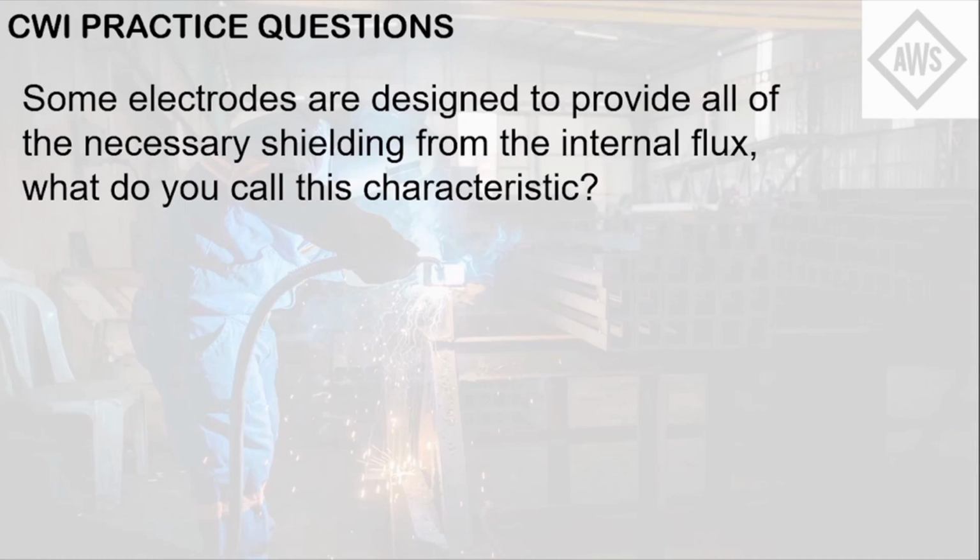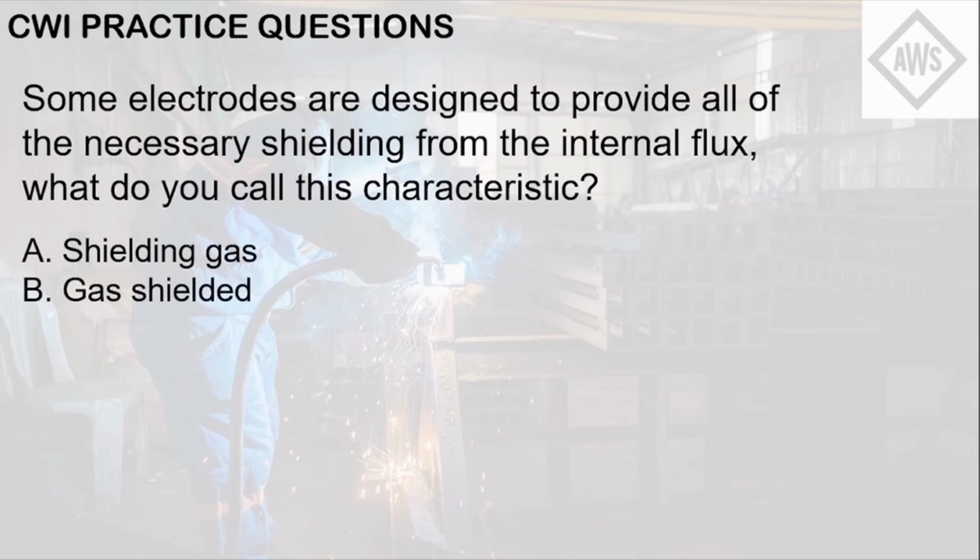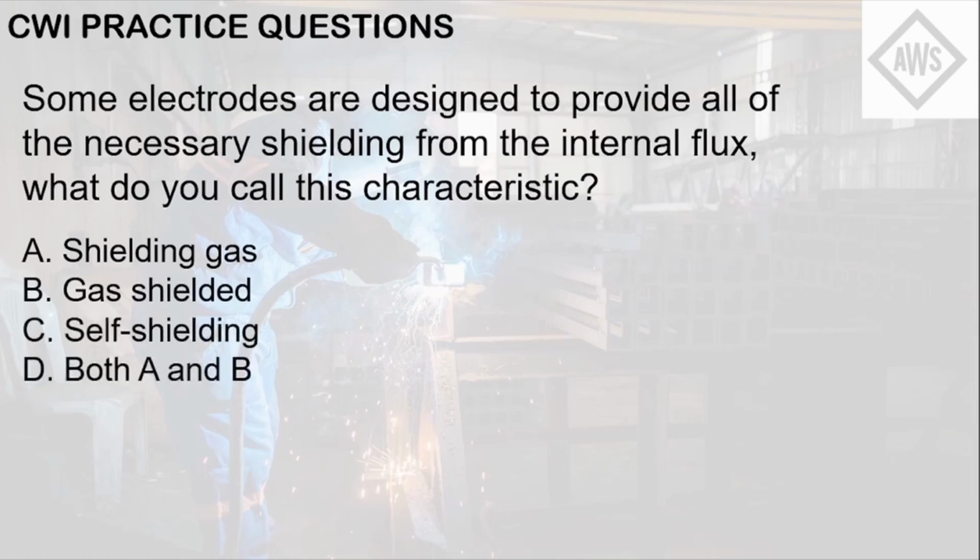Next, some electrodes are designed to provide all of the necessary shielding from the internal flux. What do you call this characteristic? Letter A, shielding gas. Letter B, gas shielded. Letter C, self-shielding. Letter D, both A and B. For GMAW and FCAW, sometimes you need a separate shielding gas input to protect the weld from atmospheric gases.